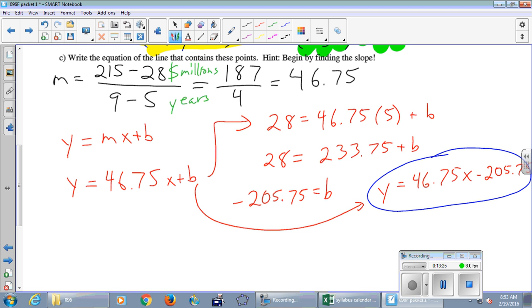So what that means is that the units of this 46.75 are that fraction that we just wrote there. It's millions of dollars. I don't quite know how to write that per year, right? And I very subtly just used the word per instead of that divided by, but that gives me a way to understand what that number represents. $46.75 million per year.